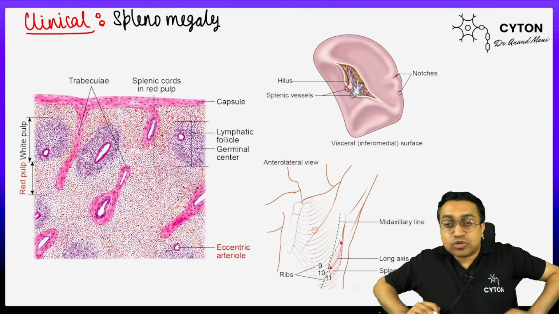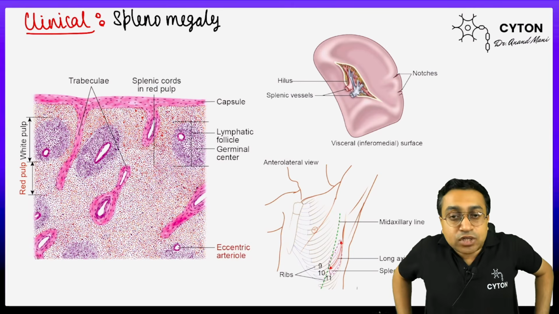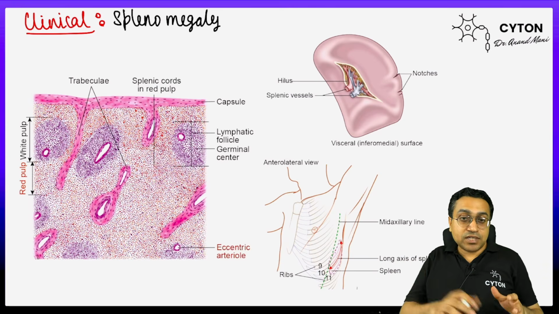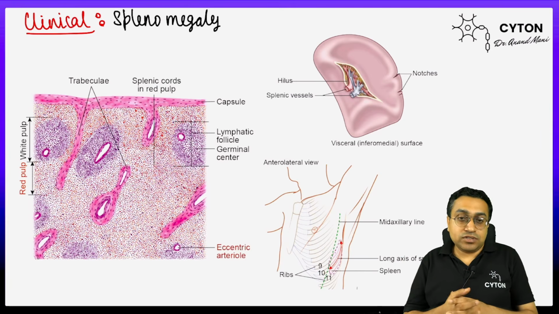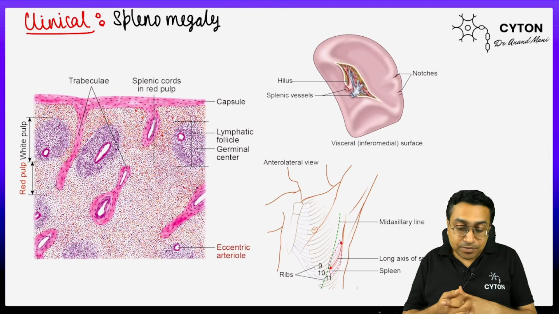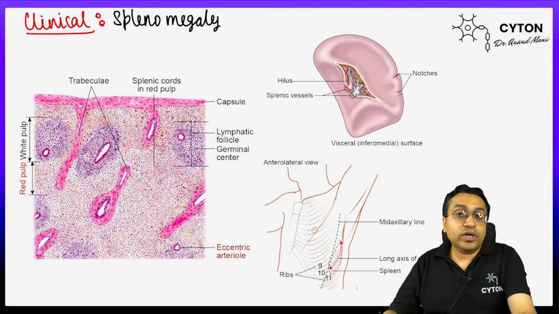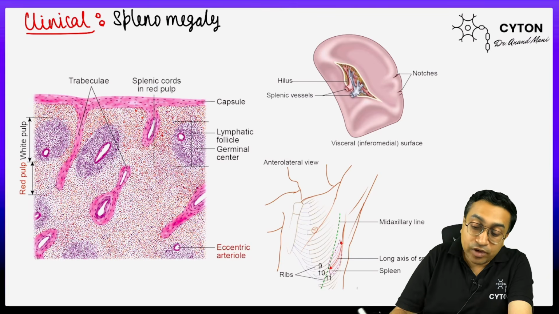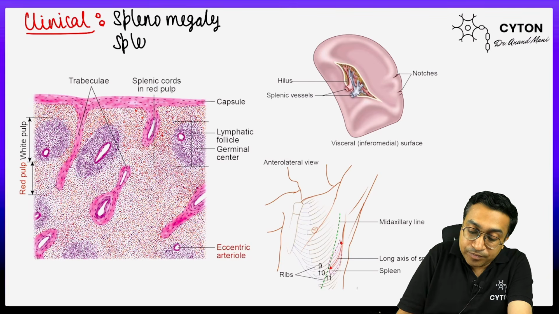It occurs because of immunological or hematological causes such as abnormal RBCs like thalassemia and sickle cell anemia, immune disorders, infections like malarial infection, splenic abscess, typhoid fever, rheumatoid arthritis, and cancerous conditions such as leukemia, and obstruction to venous blood like cirrhosis of liver and obstruction of portal vein.